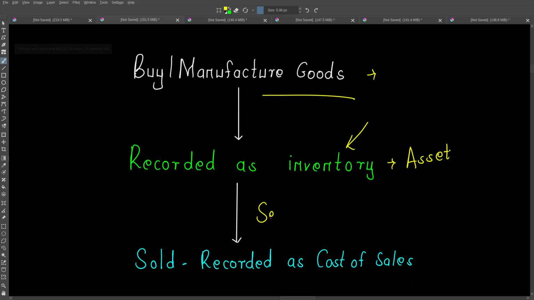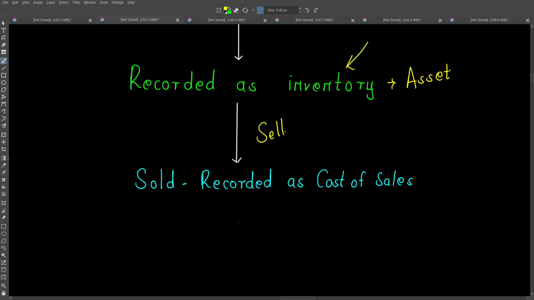The moment you sell, at this particular point, you recognize revenue, that is the sales revenue for selling these things. You also need to recognize now the cost of sale, which is basically the cost of buying those goods that you have sold. This is an expense that you incurred in buying those goods.